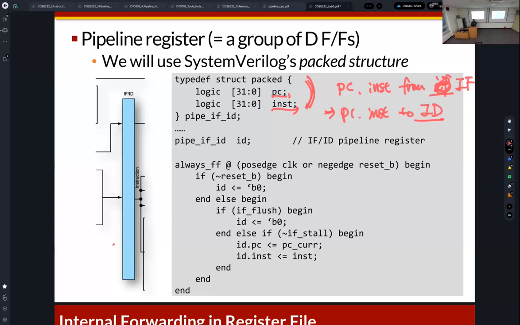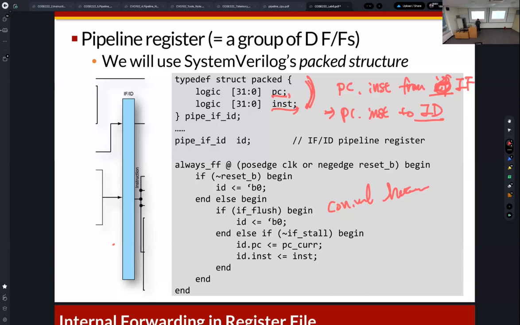Control hazard, right? If control hazard is active, it means that the instruction is incorrectly fetched, right? So if the branch is taken, the instruction is incorrectly fetched.